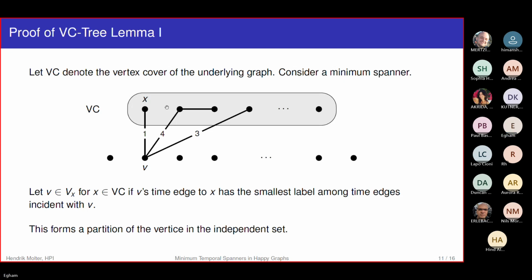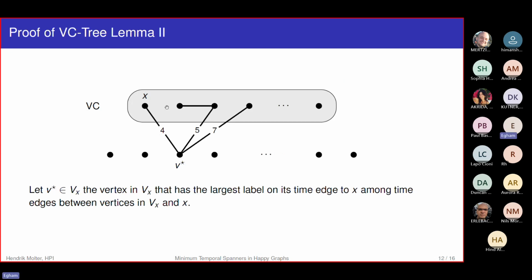And now I can look at a certain partition, that set Vx here, where all the independent set vertices that in their respective temporal out tree, X was the first vertex cover vertex that they reach. Among all of those, I look at the one that reaches X at the latest point in time, that has the largest label when going to X. Let that be V star.